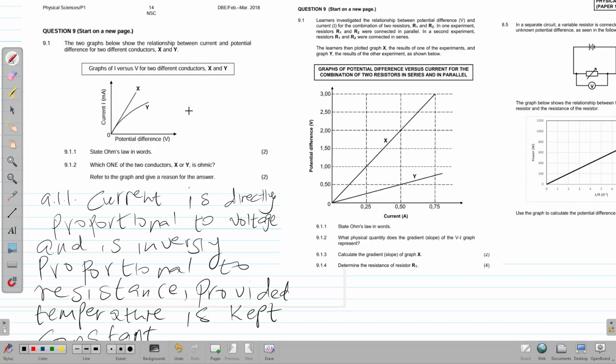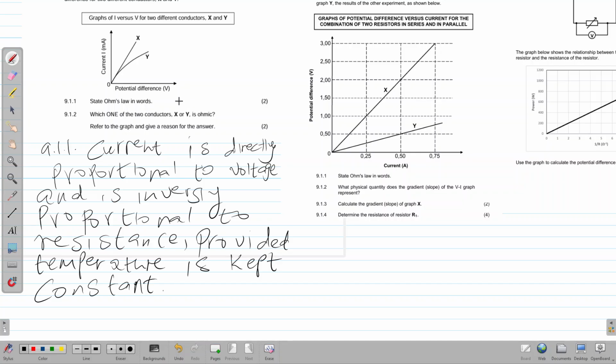Conductor Y is non-ohmic, and for conductor X, it's a linear relationship, which means that current is directly proportional to voltage.